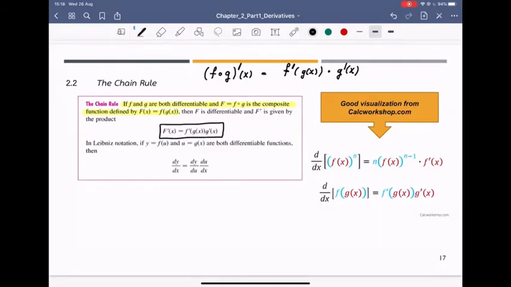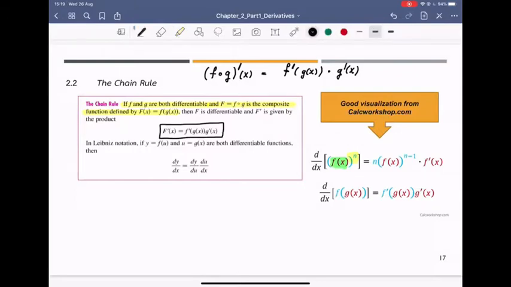So if you look at the visualization that I have here, let's suppose that you have the function f(x) raised to the n power here. If I want to differentiate this thing, you can treat your f(x) as your inner function, and then you have your outer function, which is something raised to the n power.